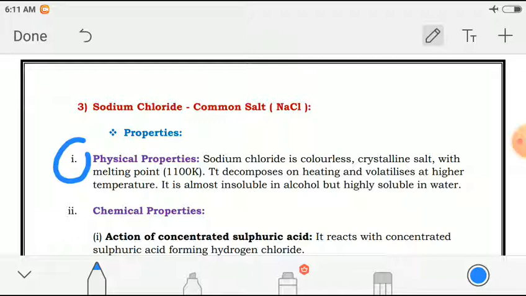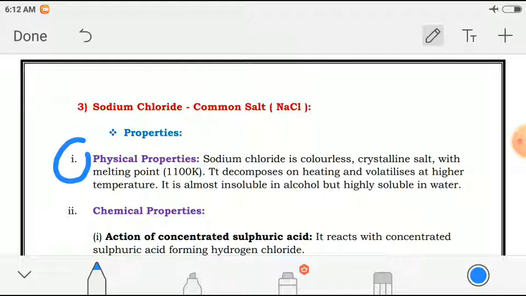Sodium chloride is a colorless, obviously all of you know white, crystalline salt with melting point 1100 Kelvin. It decomposes on heating and volatilizes at higher temperature. It is insoluble in alcohol but highly soluble in water. This is the physical property of sodium chloride.